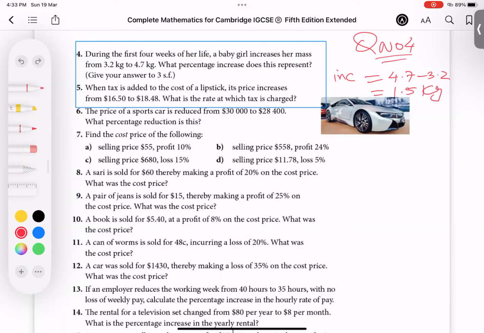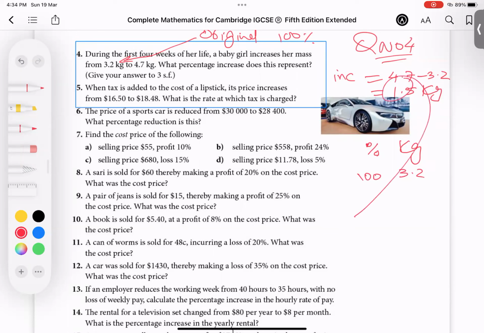The idea is very clear. What does the percentage increase represent? How do we find the percent increase? I discussed before, write two titles: percentage and kilograms. I said before, original value. Where is the original, students? Original is 3.2 and we will take it as 100%. So I'm writing 100% is equal to 3.2 kilograms.